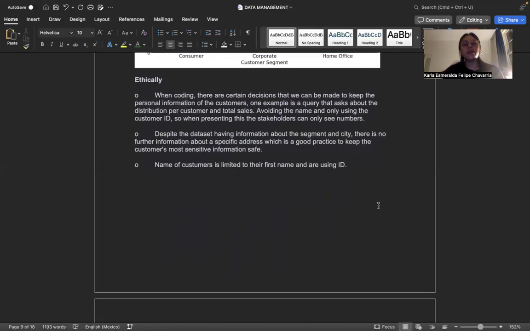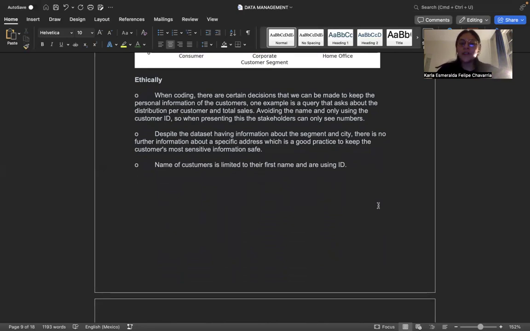Then we are approaching the ethical and unethical points. For me, it was very important to see this point because as a first approach as data analysts, we have so much information in our hands.